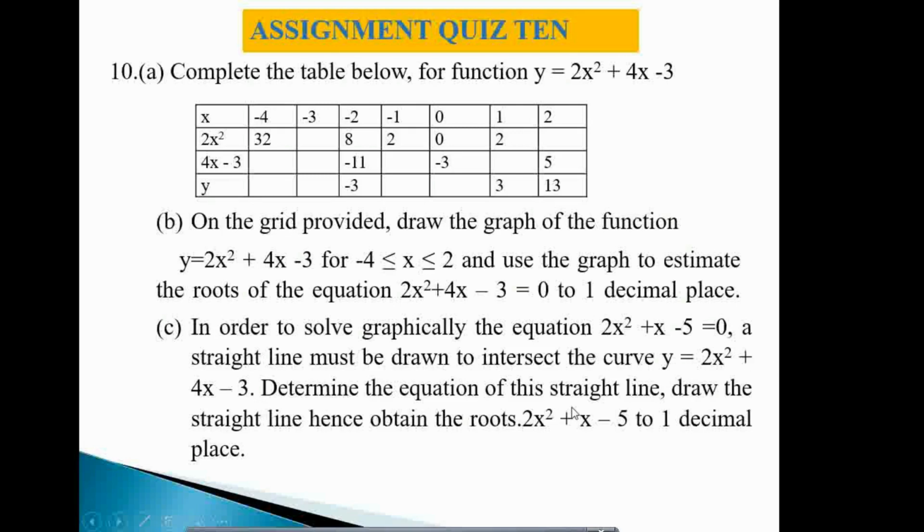Then determine the equation of this straight line, draw it, and hence obtain the roots of 2x squared plus x minus 5 to one decimal place. The roots will be obtained from where that line crosses the quadratic curve that you previously drew. That one you can go ahead and do.